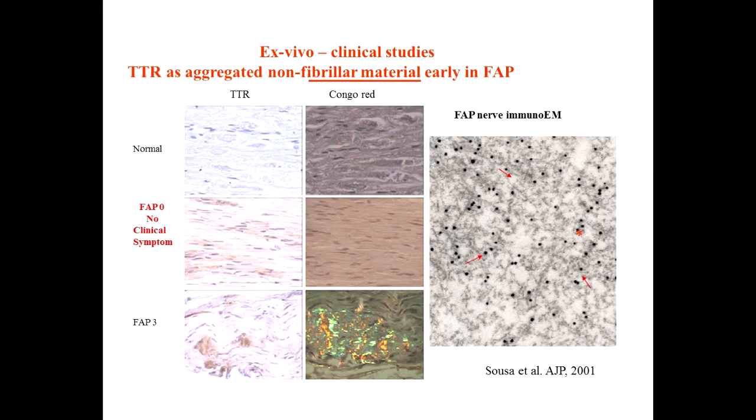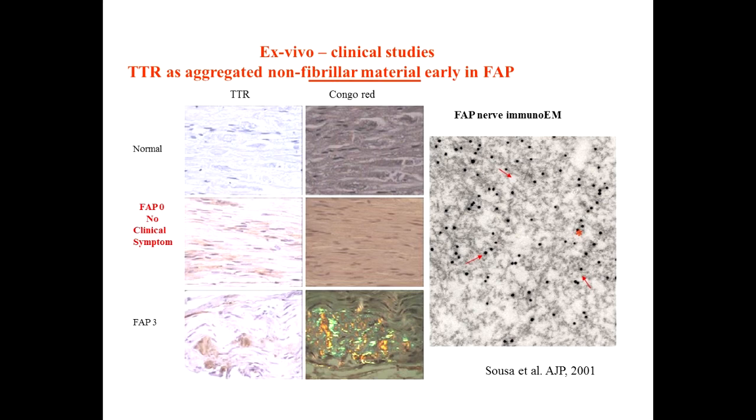And with the electron microscopy with the anti-TTR gold particles, you can find that this picks up amorphous material that is not yet totally fibrillar. So they are protofibrils that don't have the characteristics to bind Congo red, but they are already there. So they are oligomeric TTR structures.